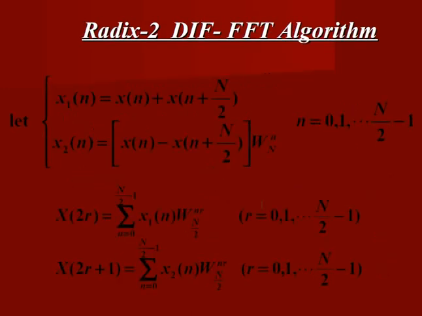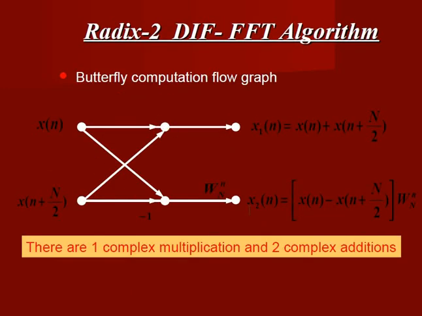So finally, if we go for the final result for the r and 2r parts, we will get this butterfly computation. That is my xn, this is my xn plus n by 2. That is the first part, this is the second part. The first 4 or first 2 or first 8, this is the second 2 or second 4 or second 8 part. The first part and the second part.